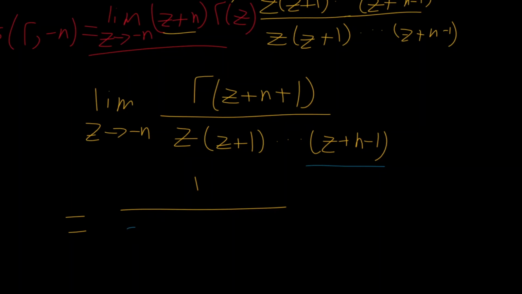Then the term before that, z plus n minus 2, gives negative 2. If we continue, we have times negative 3 times negative 4, all the way up to negative n. So we have 1 over negative 1 times negative 2 times negative 3, and so on, all the way to negative n.